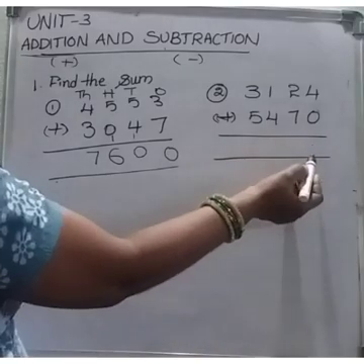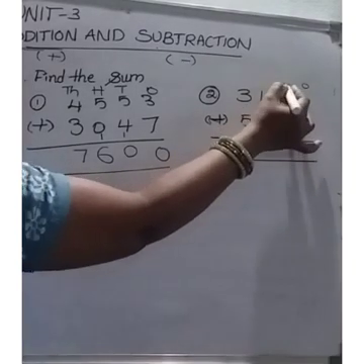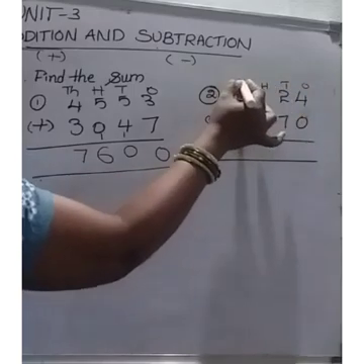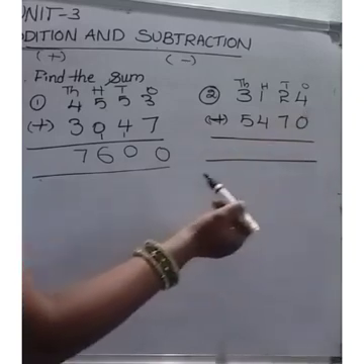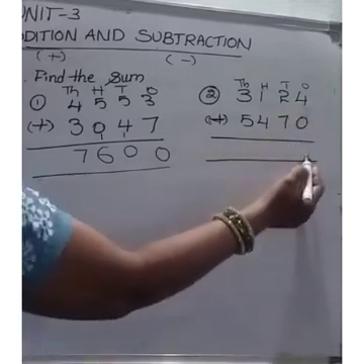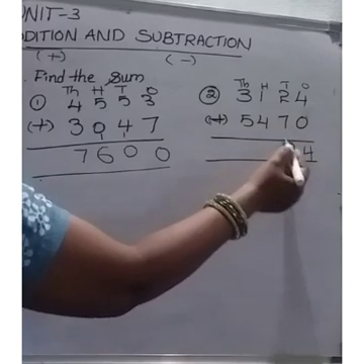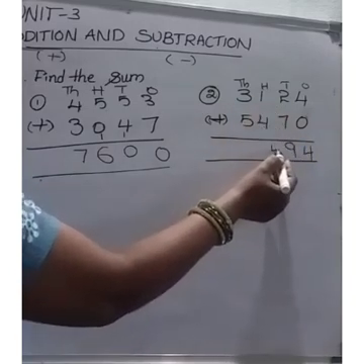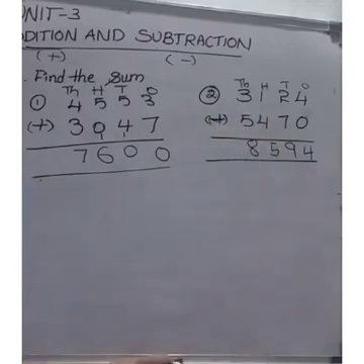Now from the ones place onwards we have to add: ones, tens, hundreds, thousands. 4 plus 0, 4. 7 plus 2, 9. 4 plus 1, 5. 5 plus 3, 8.